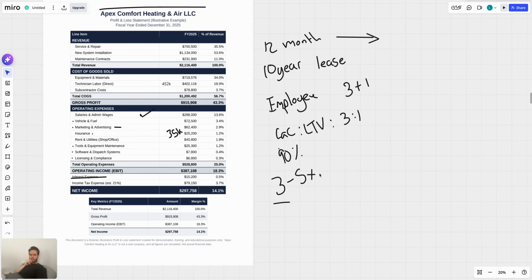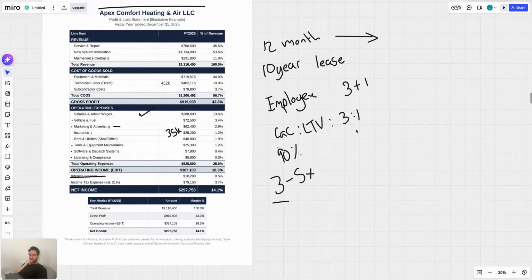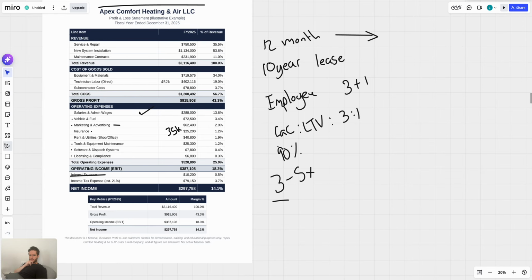Is there anything else? For this to get to a 5, the LTV to CAC would need to be maybe 10 to 1. 10 to 1's really good. Even a 7 to 1 would be good. The vendor would be staying on, say, 3 years minimum. Lease is good.